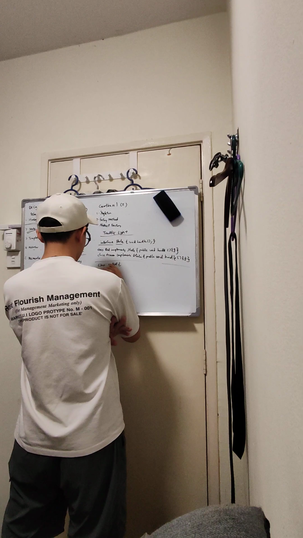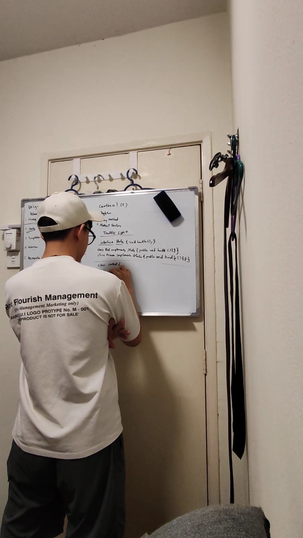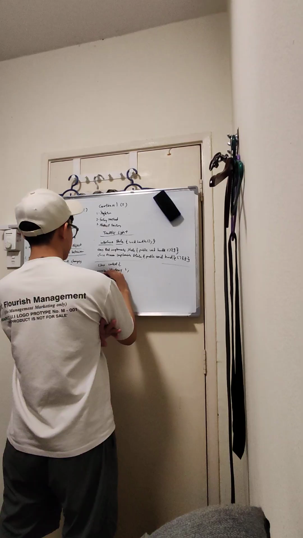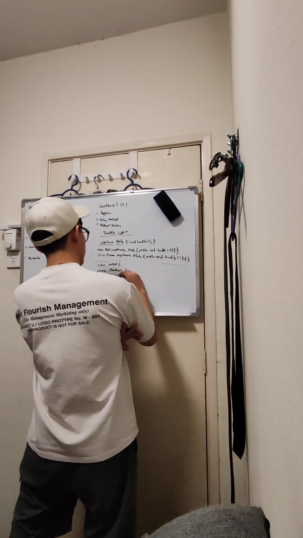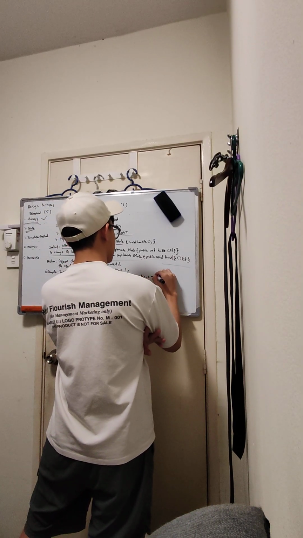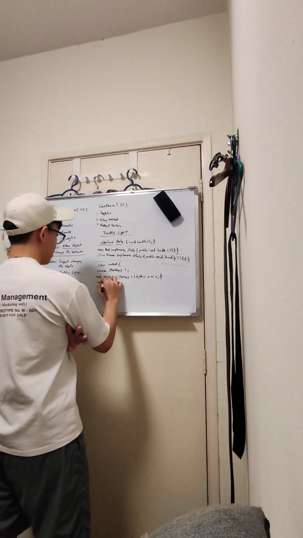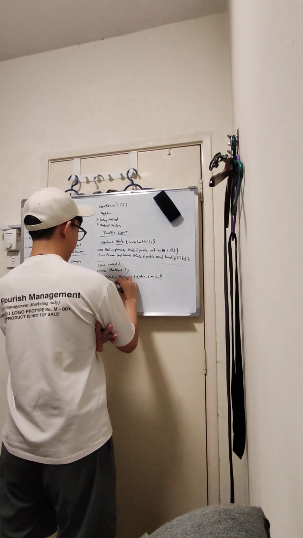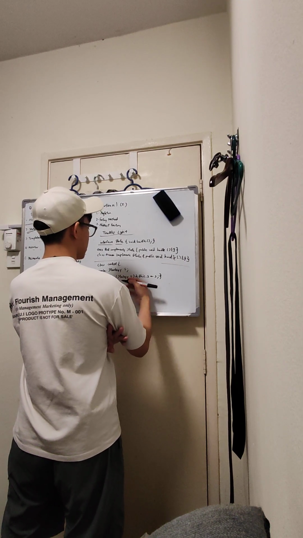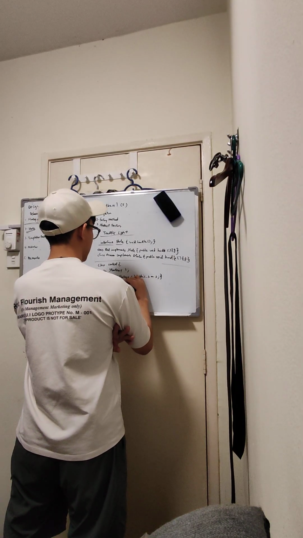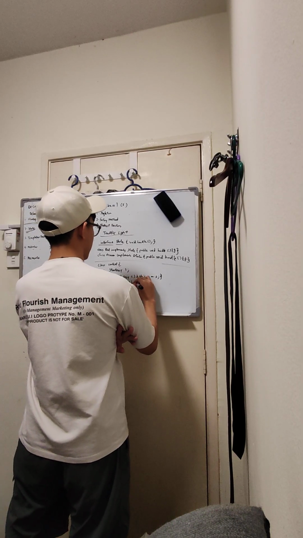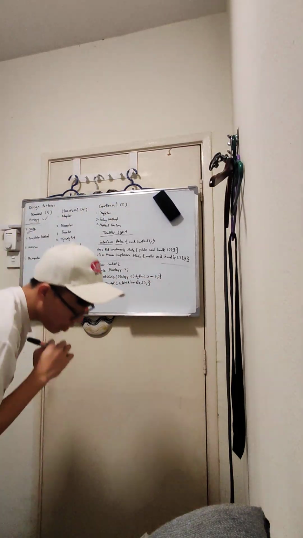So private State s, void setState(State s), this.s = s, boom, void request. s.handle. I did something wrong here.